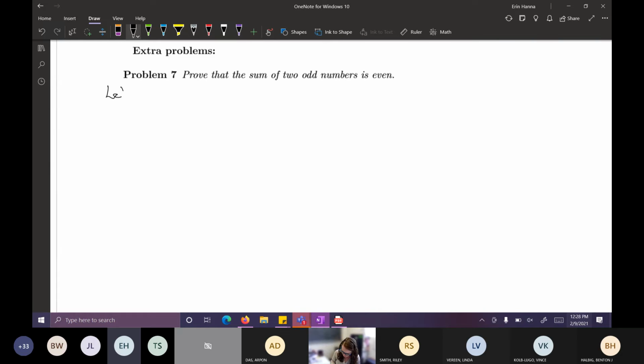So let's just say x and y be 2 odd numbers. I chose x and y just because I felt like it. You could use a and b, or you could just say let there be 2 odd numbers.